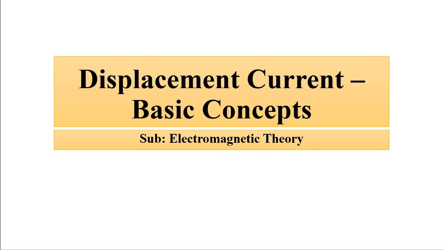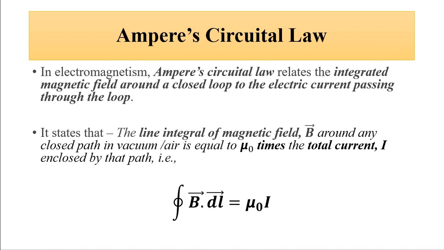So for that, let us review some basic concepts related to Ampere's circuital law. In electromagnetism, Ampere's circuital law gives us a relationship between the line integral of the magnetic field around a closed path and the current enclosed by that path.